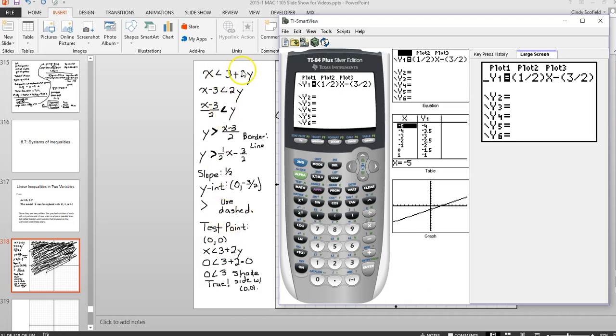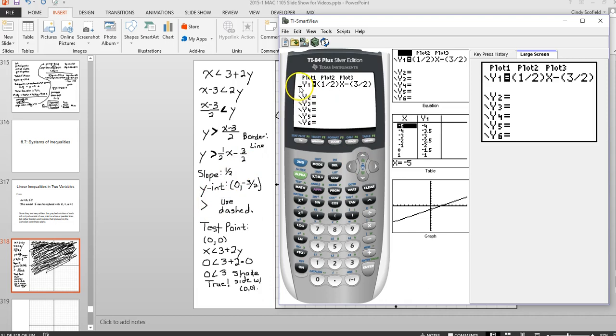If you have your inequality solved for y, and if you have y over here on the left side, your inequality sign will tell you where you're shading. If you have y greater than or y greater than or equal to, you know you're shading above whatever your border is. If you have y less than or y less than or equal to, you know you're shading below whatever your border is. So in our case, we have greater than, so we're shading above.